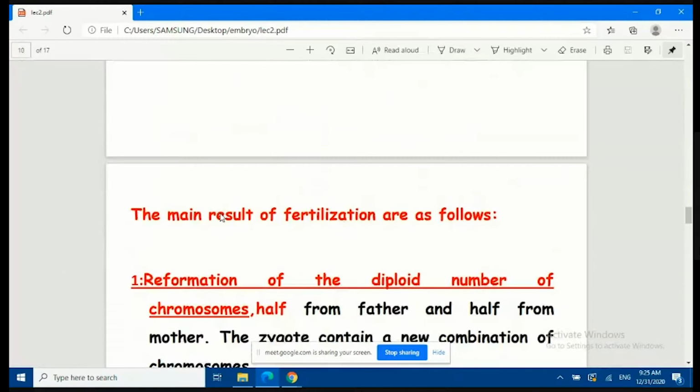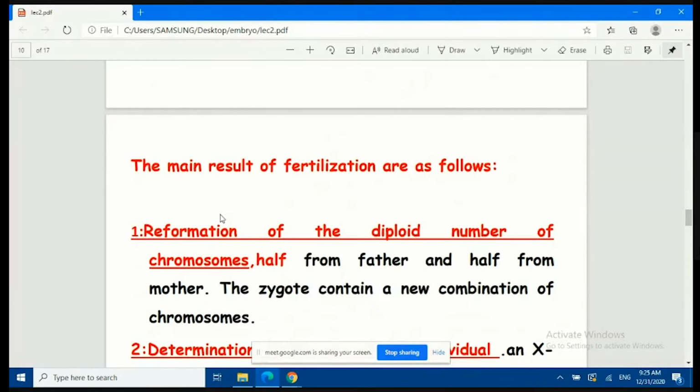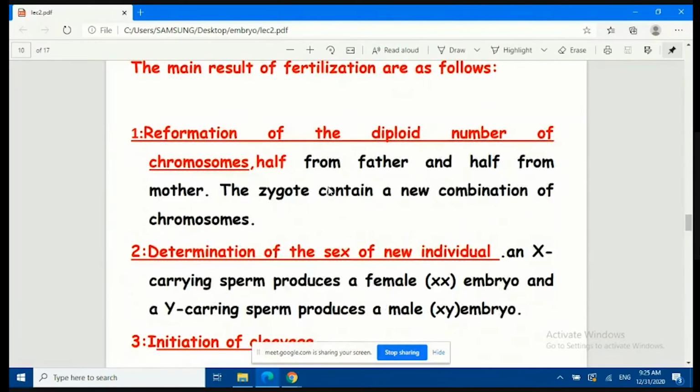Okay, of course we need a result. Every process has a site and a specific explanation of how it happens, and also has a result. So the main results of fertilization are as follows. What will be the outcome? Reformation of the diploid number of chromosomes. We have N from the sperm plus N from the ovum, which gives us 2N diploid. It was a haploid number and became diploid. Why? Because we have a fusion process.